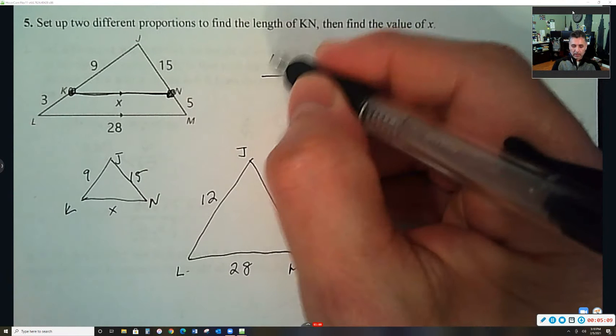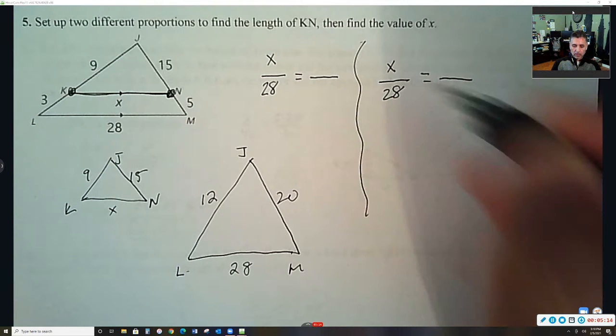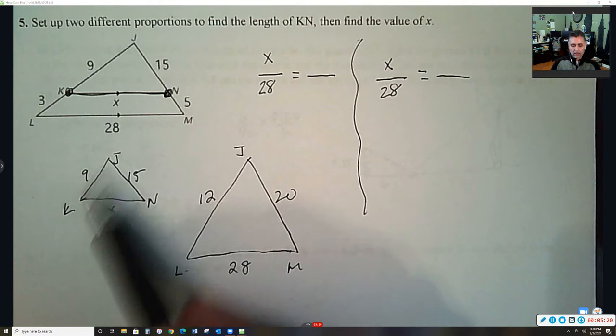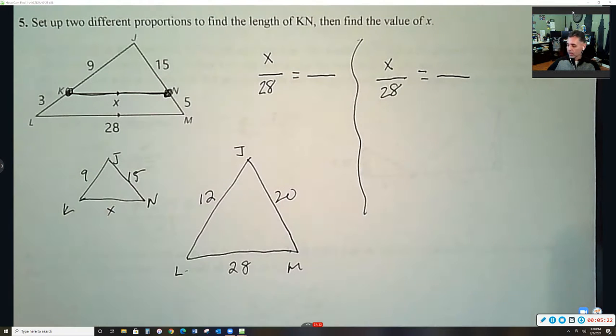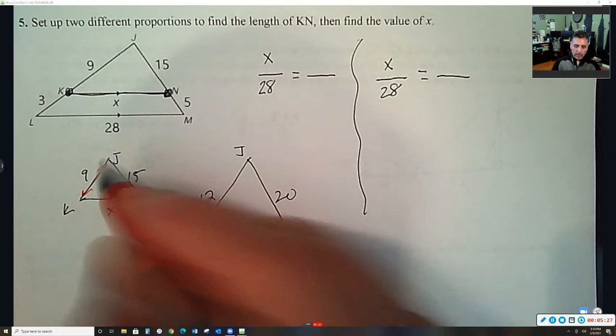Now, what if I want to use the 9? If I choose this side length over here, 9 matches up with 12.